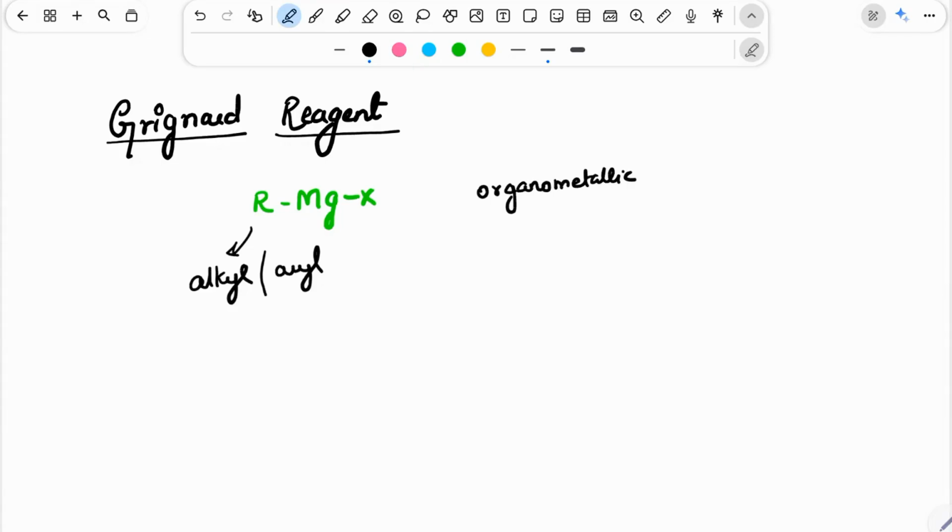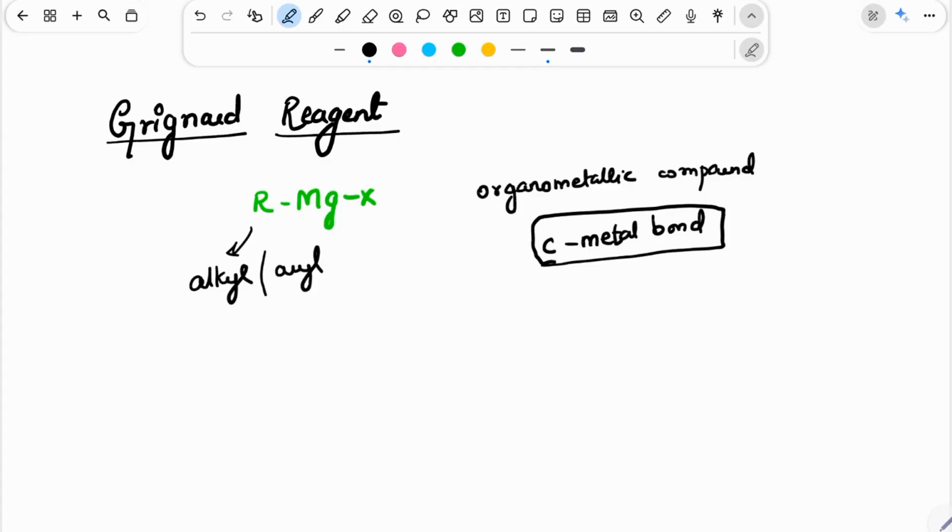What is meant by an organometallic compound, did you hear about this? An organometallic compound consists of a carbon-metal bond. The bond formation happens between carbon and metal.